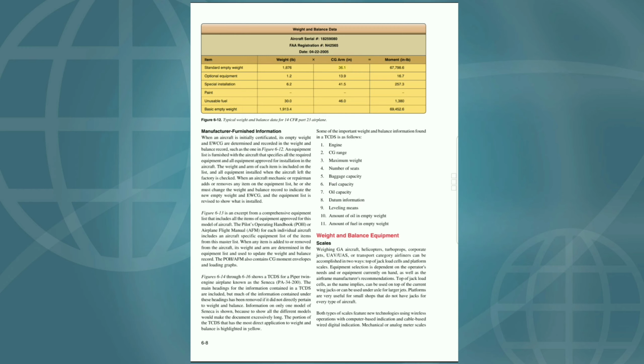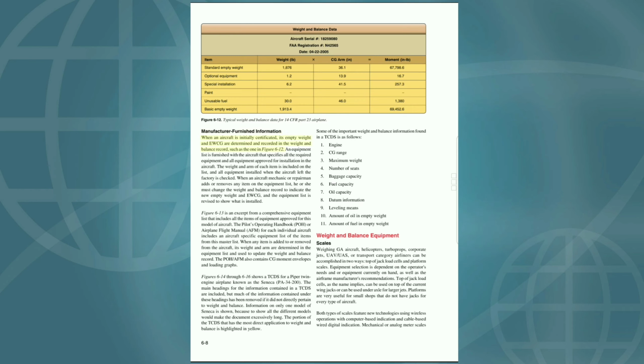CG arm, inches: 36.1, 13.9, 41.5, minus 46.0. Moment, inch-pounds: 67,798.6, 16.7, 257.3, minus 1,380, 69,452.6. Figure 6-12. Typical weight and balance data for a 14 CFR Part 23 airplane.